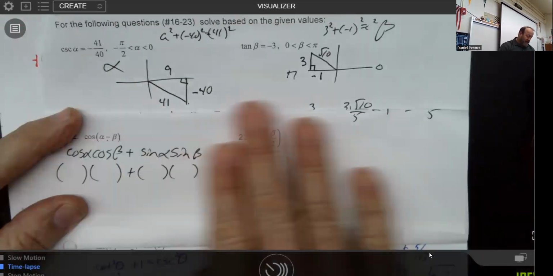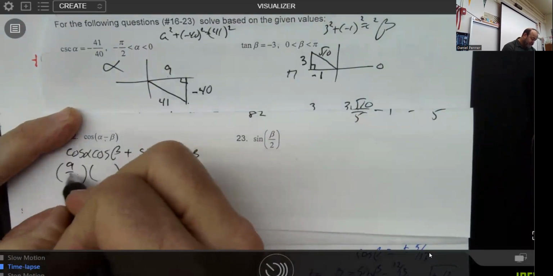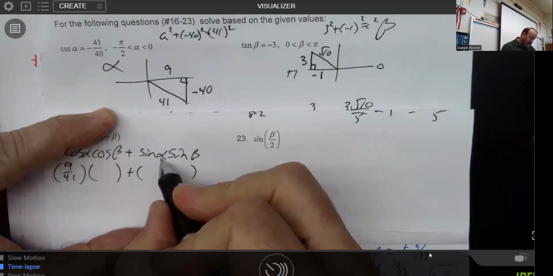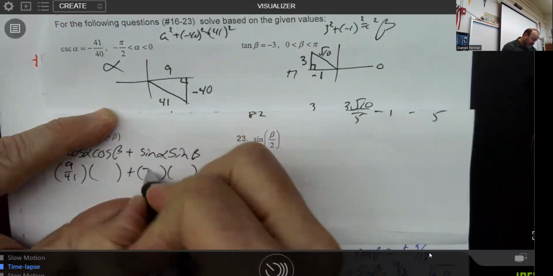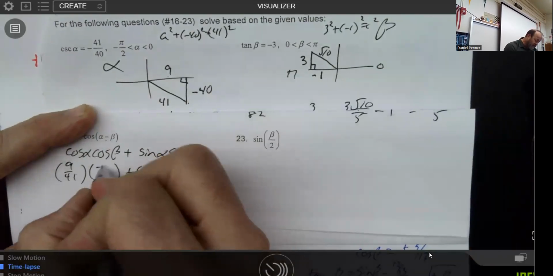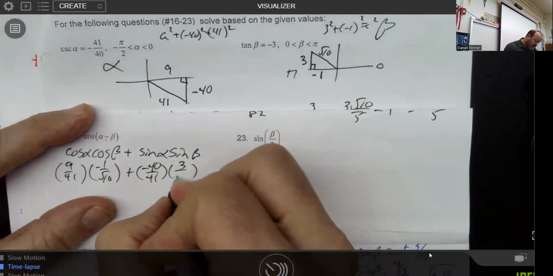This asks me to go find the cosine of alpha, which of course is right here. This one says go find the sine of alpha, which of course is right here. And then it says go find the cosine of beta, negative 1 over root 10. And over here, last, it'd be the sine, which is 3 over root 10.